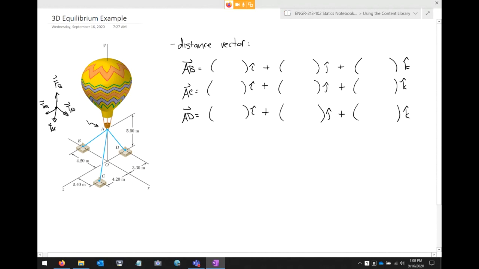Okay, here's my template for all my distance vectors. Maybe I should put an s there. The English professors wouldn't like me if I didn't.